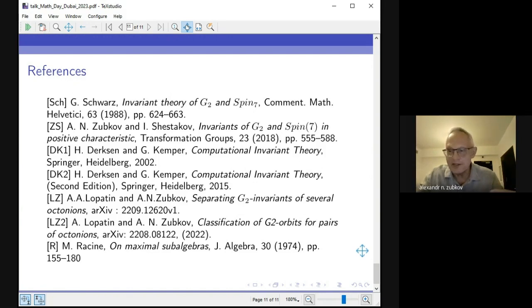The technique of polarization doesn't work here, because we are working in positive characteristic. The reason why I can use multilinear invariants is absolutely different. It depends on this very deep theory of modules with good filtration. Okay, I think it's enough.